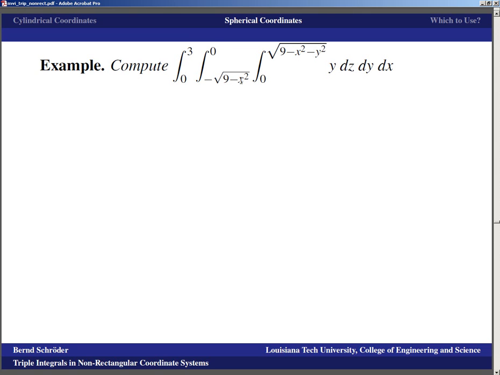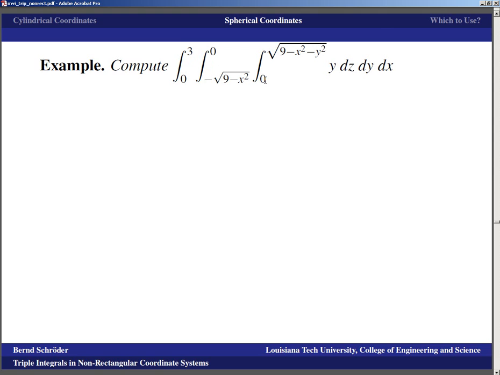So -√(9 minus x squared), that would be the lower half of a circle of radius 3, and then because we only go with x from 0 to 3, that would be a quarter circle, and it would be a quarter circle in the fourth quadrant because x is positive and y is negative.